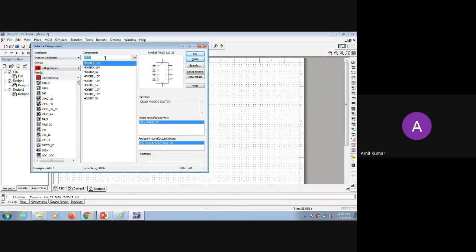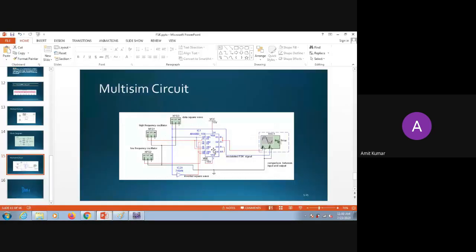So for the 4066, here you can see a quad analog switch is there. So you have to select this.